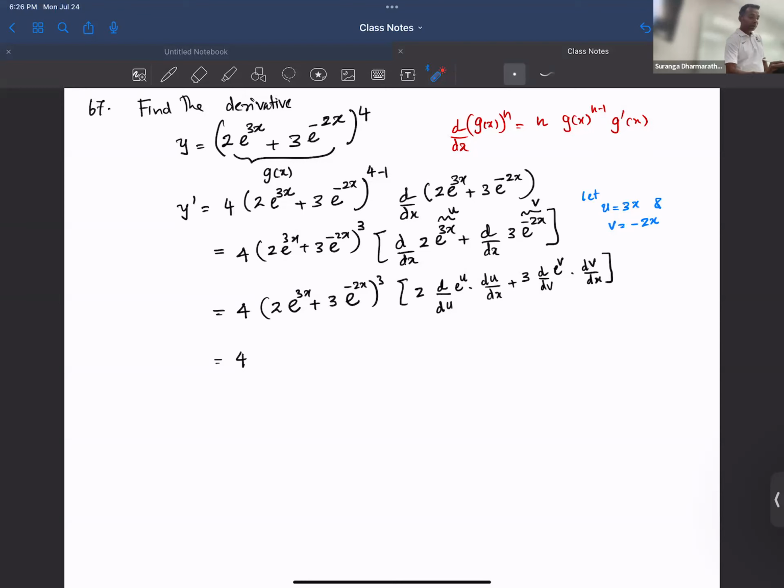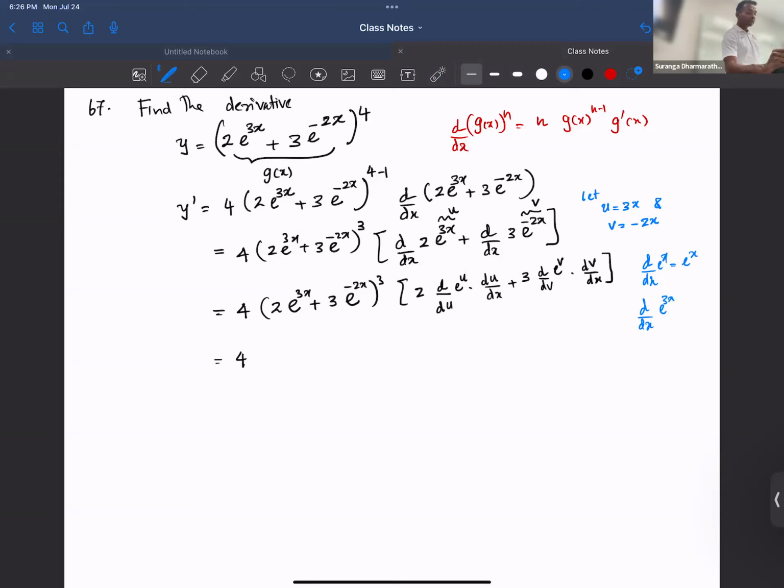So what he says is this: d over dx of e to the power x is e to the power x. That we know, but we don't know d over dx of e to the power 3x.